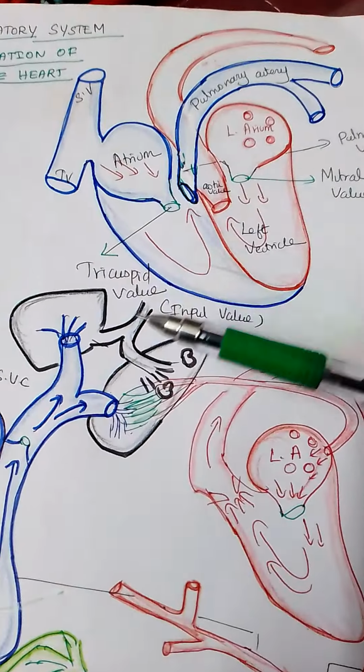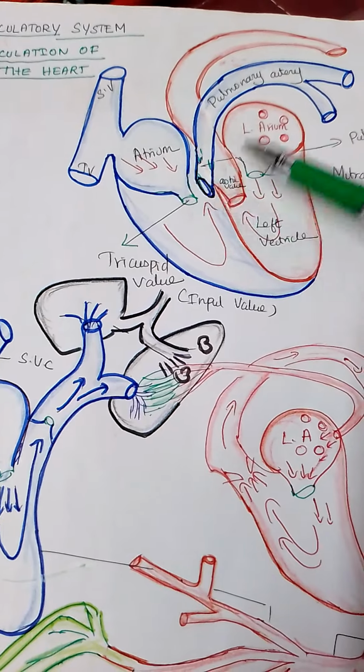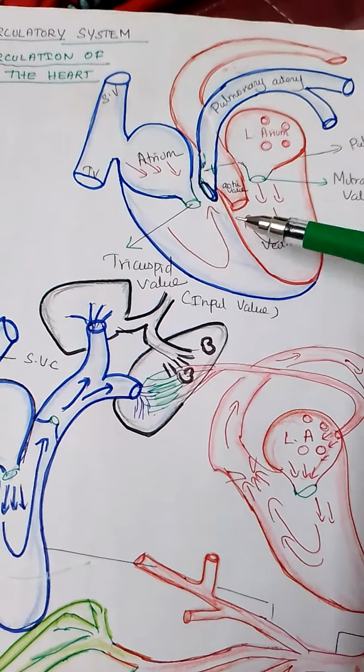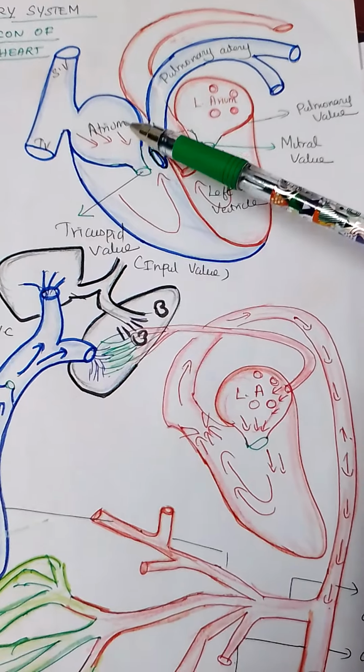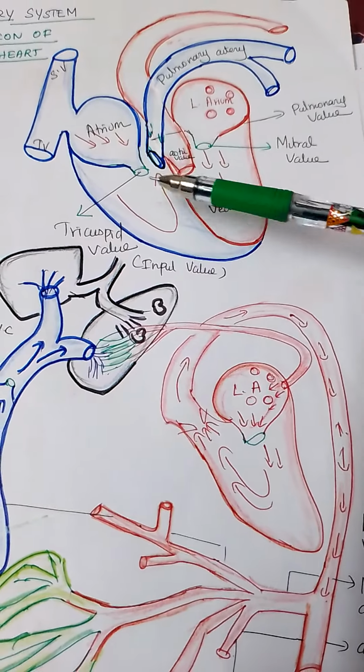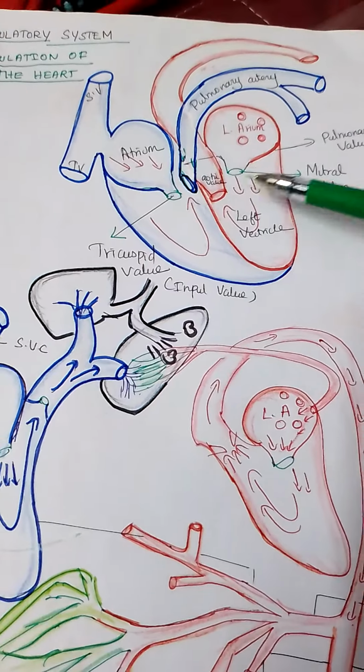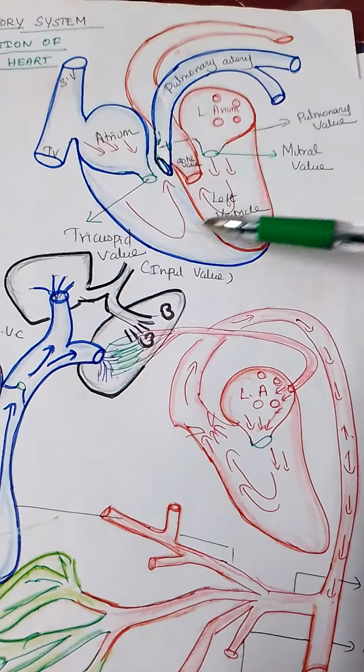Whether you are studying the cardiac cycle, you have to study what is happening in the atrium, and then what is happening during the time of the ventricle, and what happens in the aorta. So you have to study like that only. First, start from the atrium. Where is the blood collected from? If you understand this basic concept, you can write.